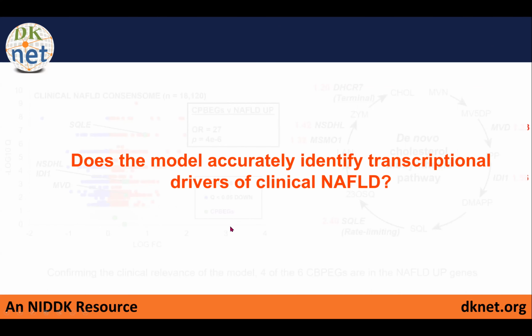And so this was nice because what this said was that the consensome was identifying things at the level of expression. But what we wanted to do was to see whether or not it was also identifying nodes that are also relevant to clinical NAFLD.